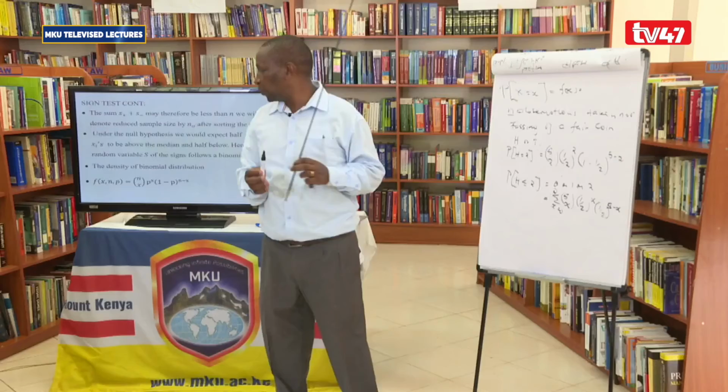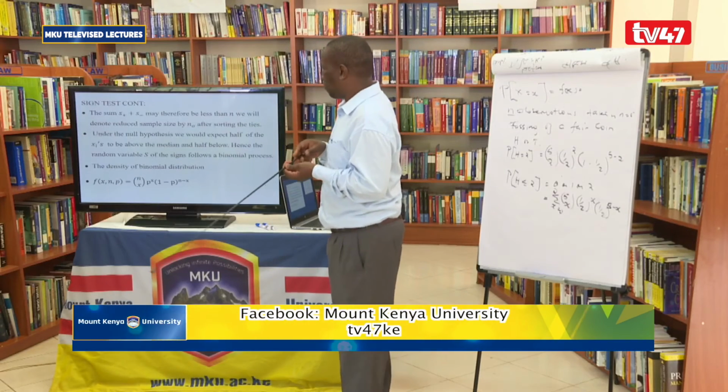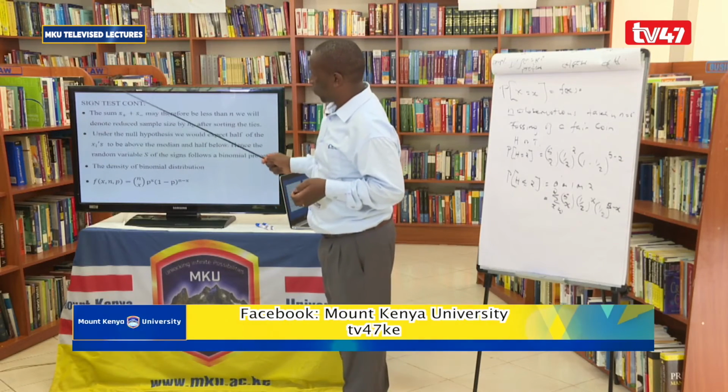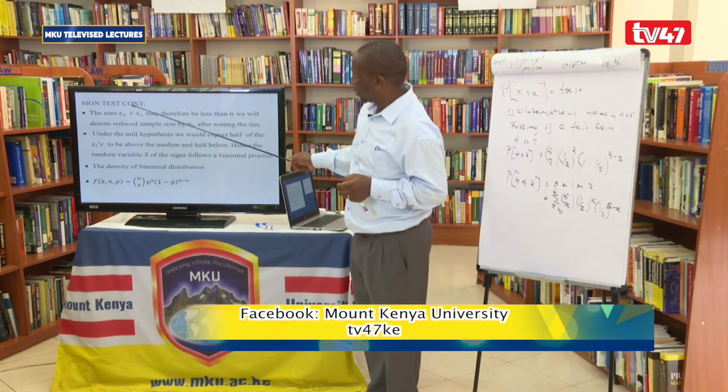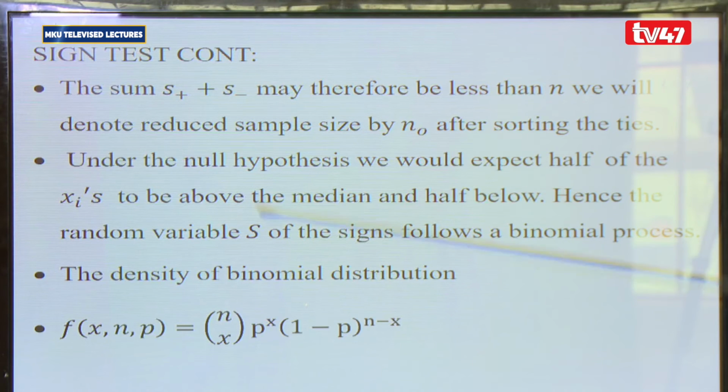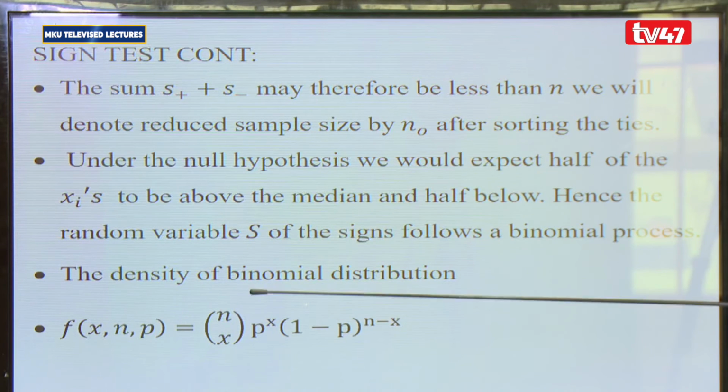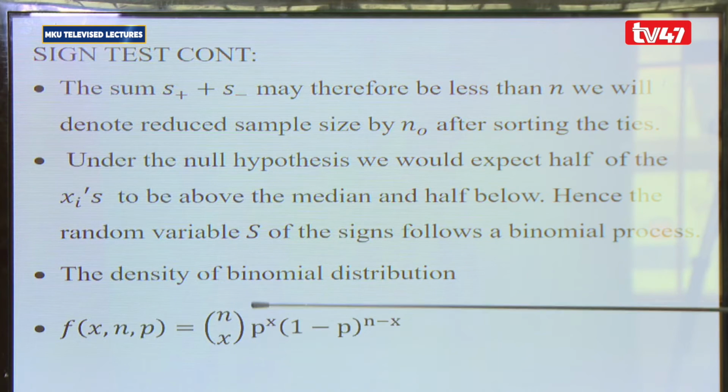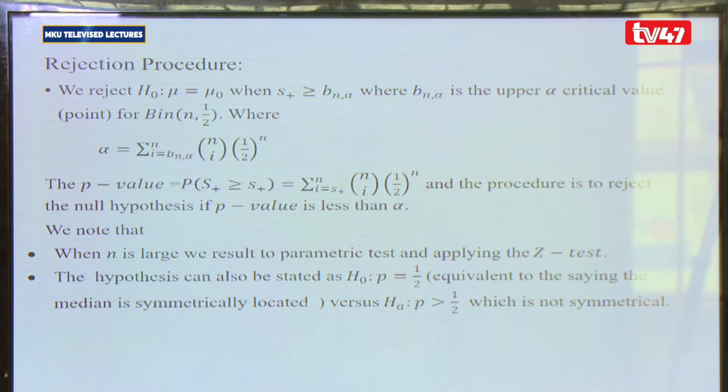So that is the density for binomial. That is, the pluses and minuses follow binomial distribution, and the density of binomial is given as such.